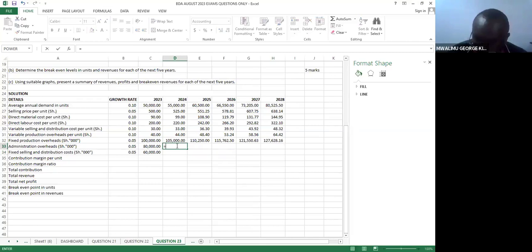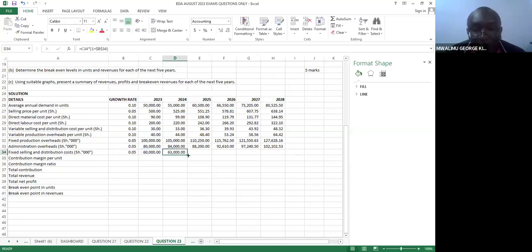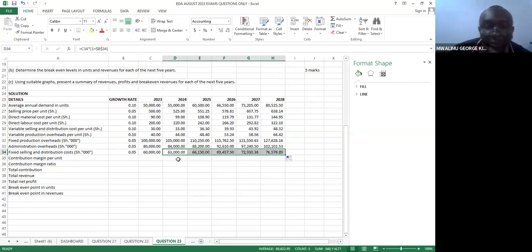Equals this value here times, open the brackets, 1 plus this F4, close the brackets, enter that way, equals this value times, open the brackets, 1 plus this one, F4, close the brackets, enter, copy up to that point.